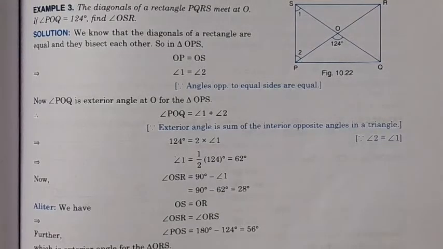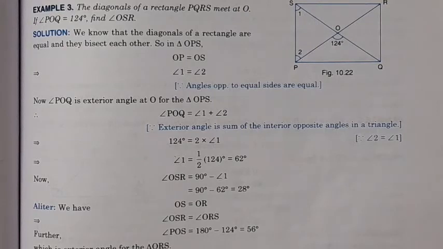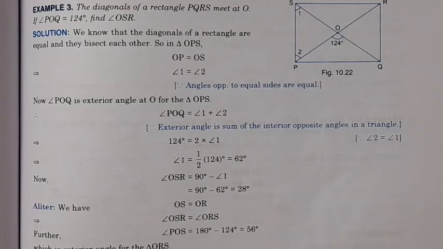Now, hope you all have understood this example. So similarly, we can do more examples like this. Hope you all have understood the topic. So, all of you are required to solve the question.